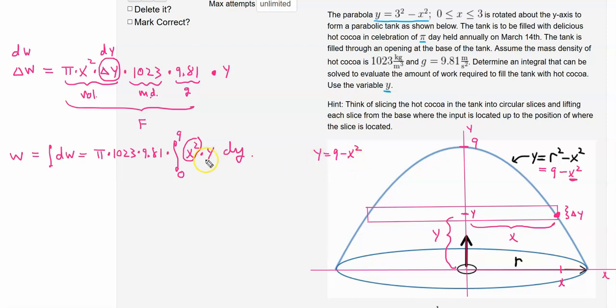This is rather convenient because I have an x squared here and I already have an x squared in this equation, so I don't need to worry about squaring or taking square roots. Let's just move this x over here, the y over here. We get x squared equals 9 minus y. And there we go. So our answer is going to be pi times 1023.